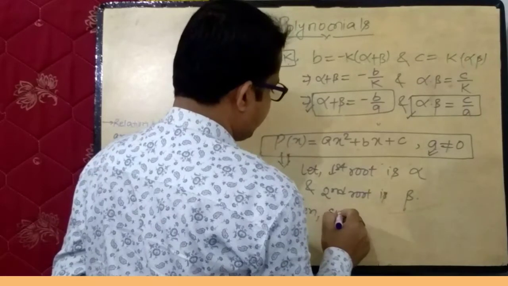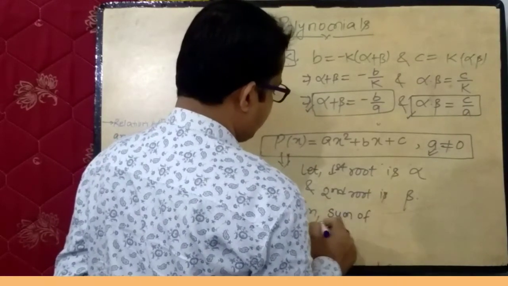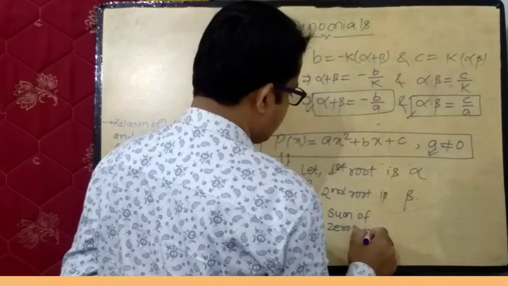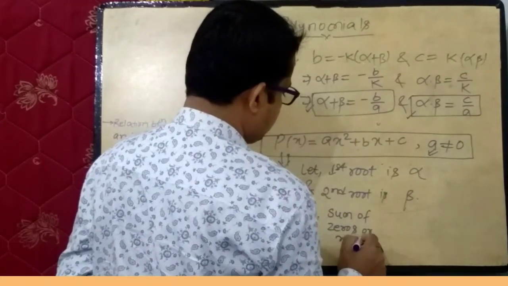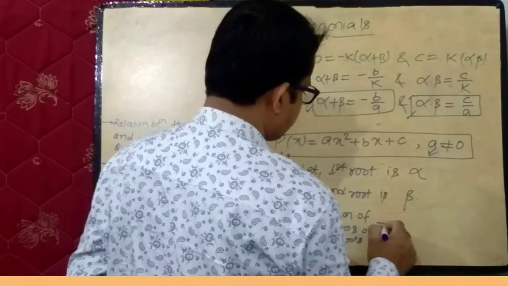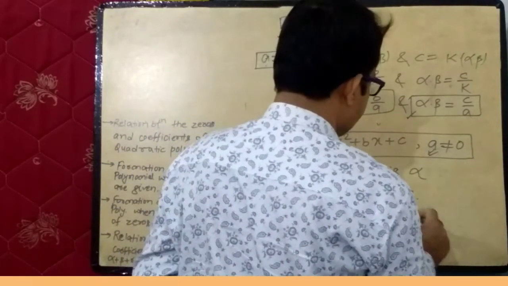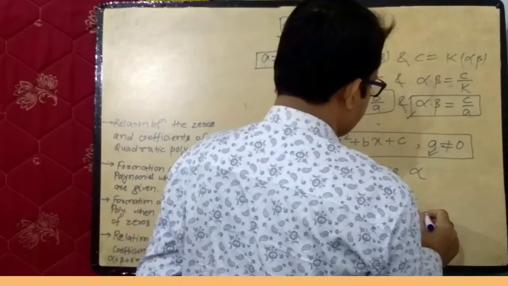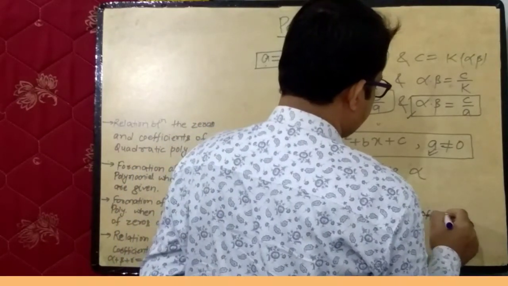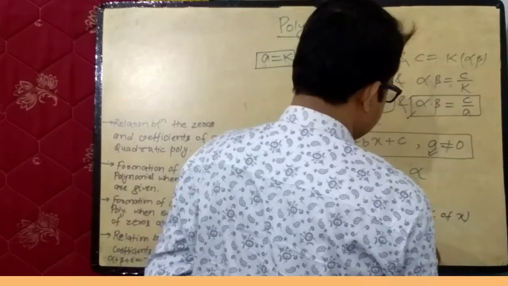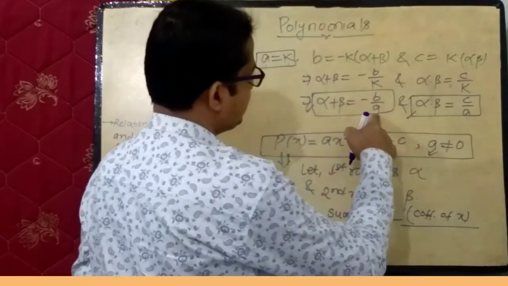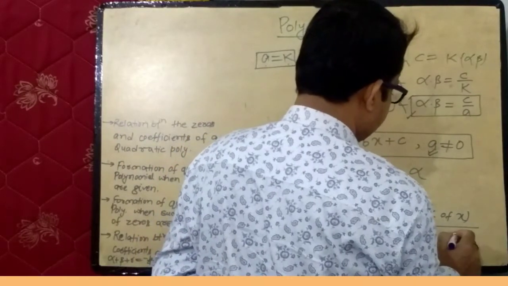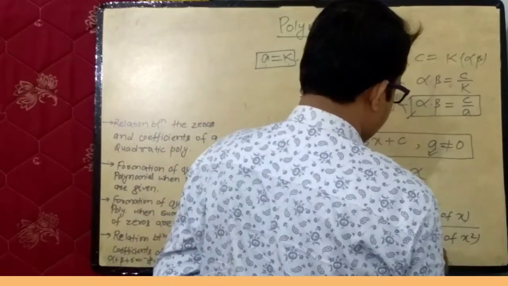So we can say that the sum of zeros or roots equals minus b, where b is the coefficient of x, upon a, which is the coefficient of x square.